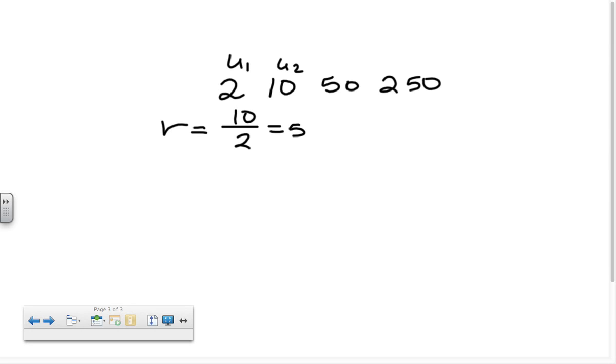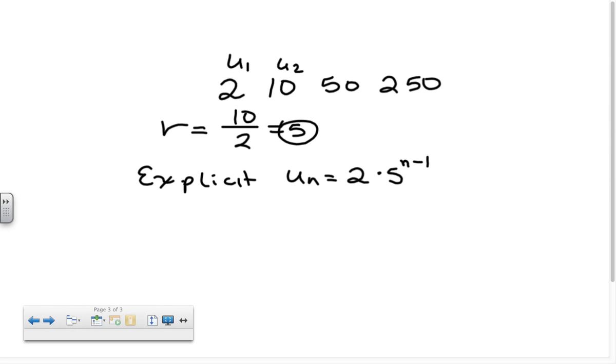That will work with any of them. If I do 50 divided by 10, 250 divided by 50, that's how I can get my common ratio. Now I can write my explicit formula: u_n equals u_1, in this case 2, times my ratio, 5, to the n minus 1.